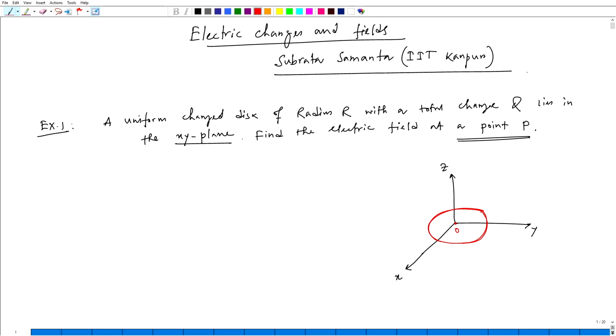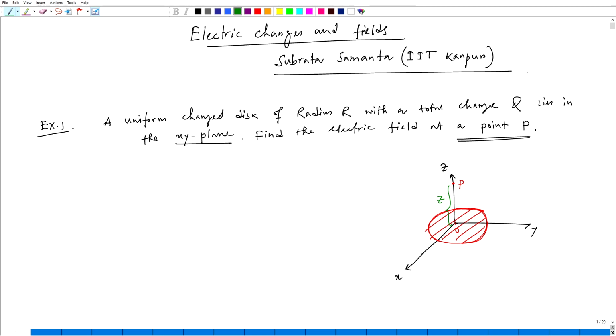It is not a ring, it is a disc, and we calculate the electric field at point P. So, we denote the point P on the z axis and the distance from the origin is z.